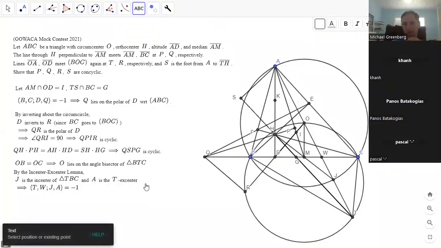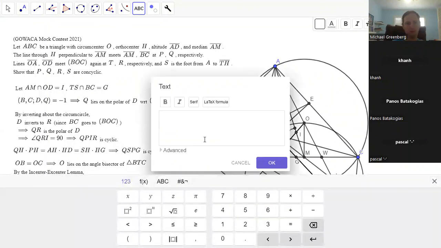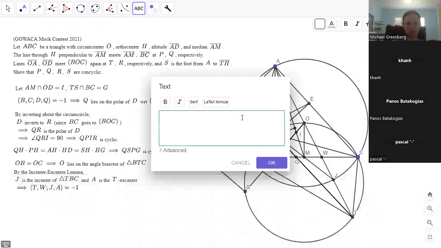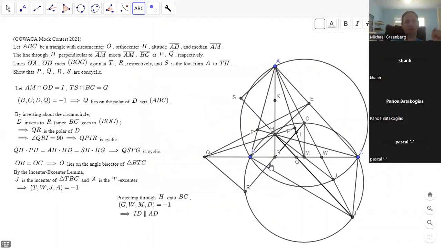So then we would get GWMD, projecting through H onto BC. And this implies that IG is parallel to AD. That's from the argument you just said.